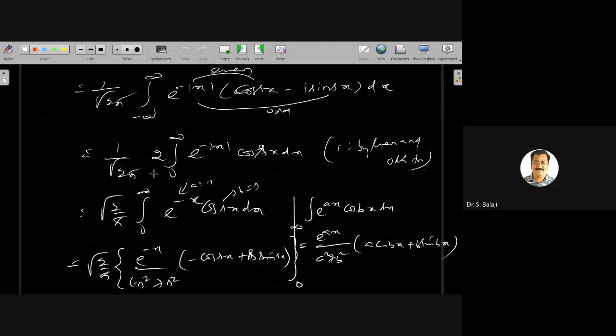This is 1 by root of 2 pi times 2, integral 0 to infinity, so it becomes root of 2 by pi. Because 0 to infinity is a positive range, there is no need of the modulus symbol. We can write e power minus x cos sx dx.